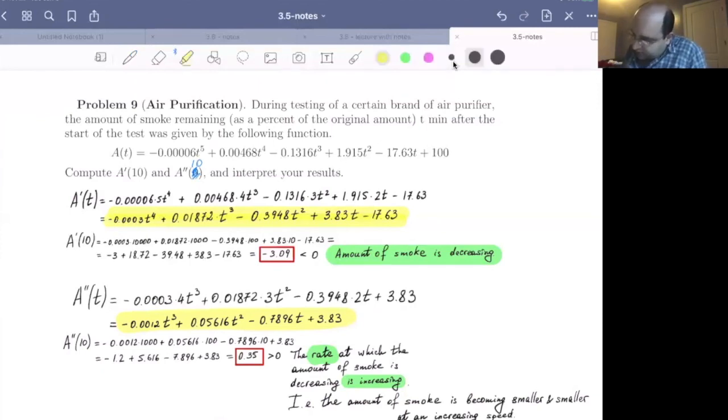Okay, we're going to calculate the derivative of this polynomial.